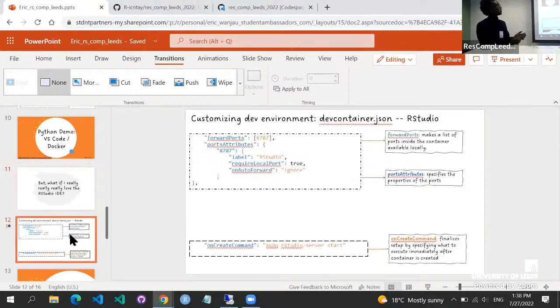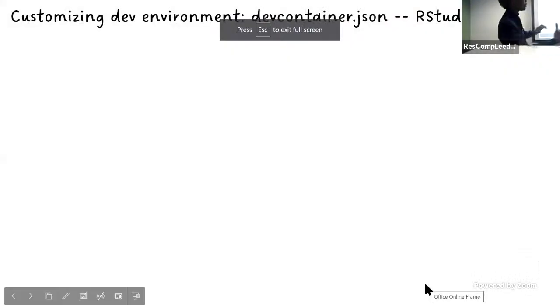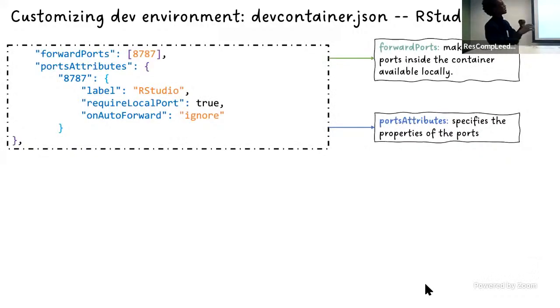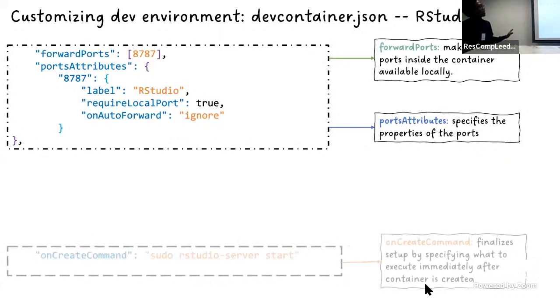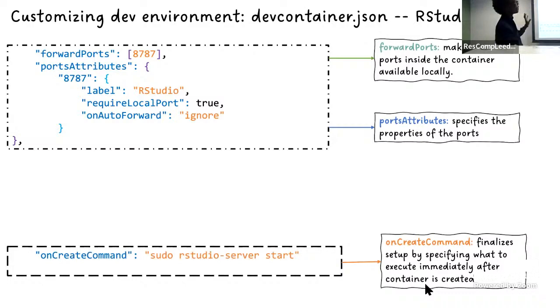So what you do is you go again to the devcontainer.json, the one that I described, which is used to modify the container to make it a developer environment. You just have to specify a few parameters.